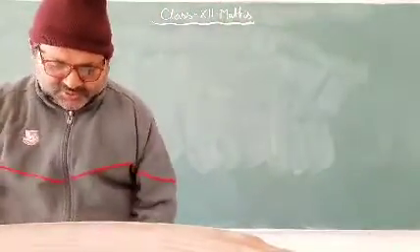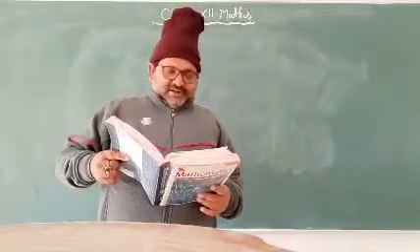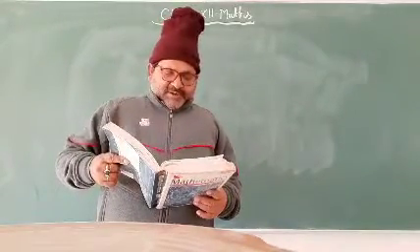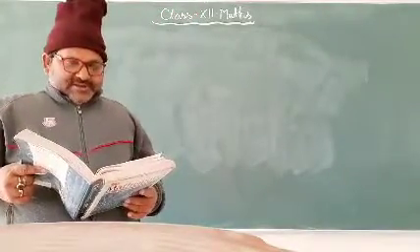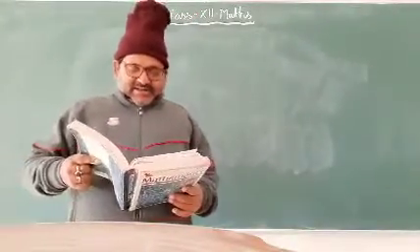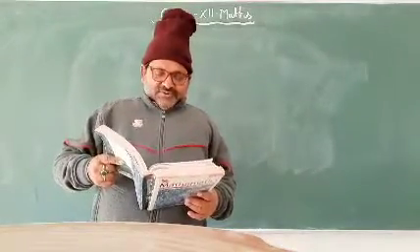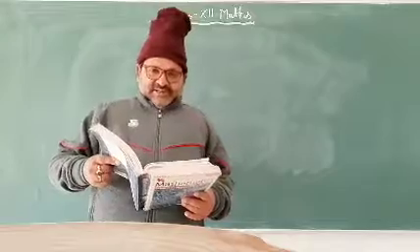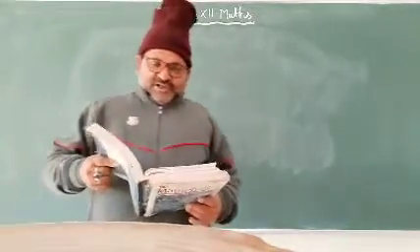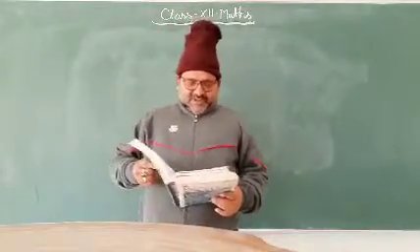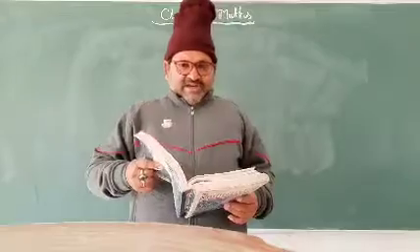Question number 2. Find a unit vector perpendicular to each of the vectors A plus B and A minus B, where vector A equal to 3i plus 2j plus 2k, and vector B equal to i plus 2j minus 2k.